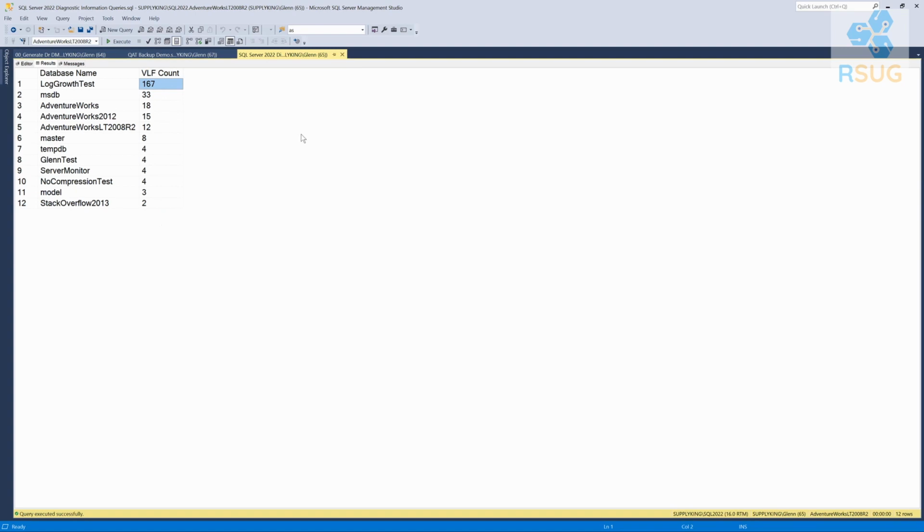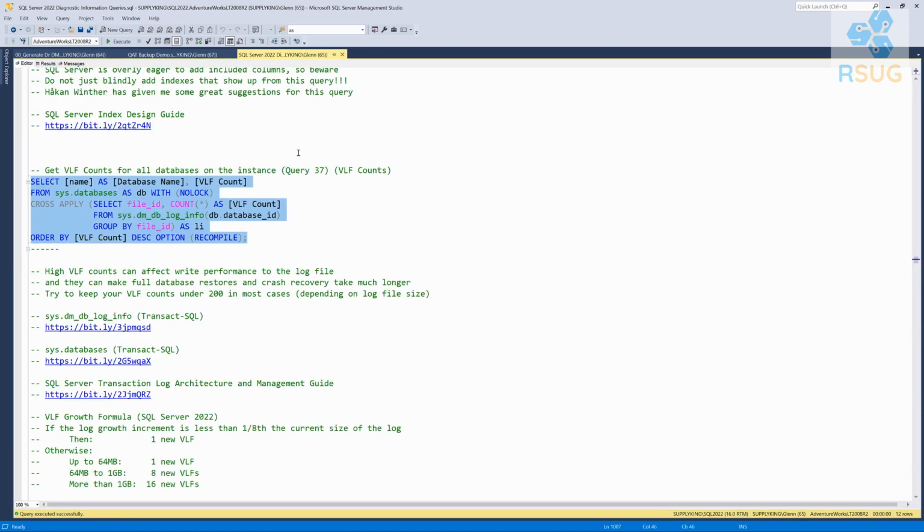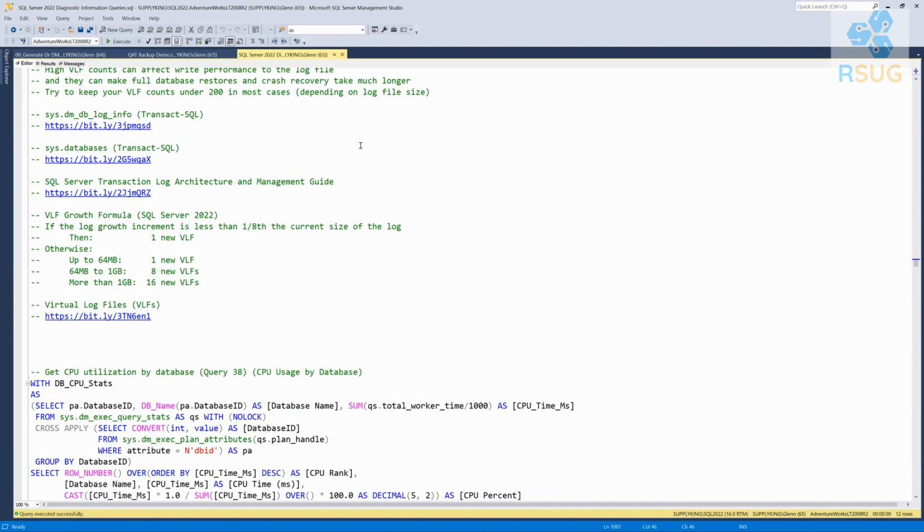So every time SQL Server starts up, it takes longer because of the VLFs. And if you fail over to another node with a failover cluster, it takes longer to come up because of that. And if you restore a database from a backup, it takes longer to restore because of a high VLF count. So there's lots of reasons to control that.